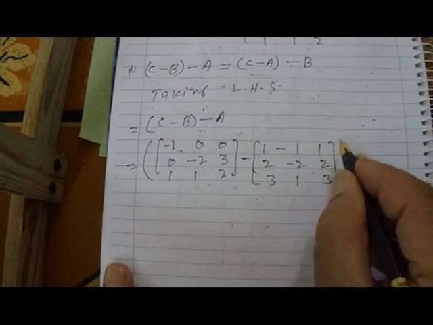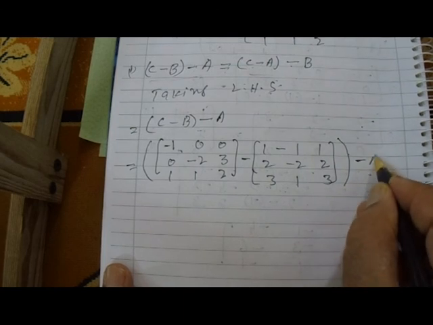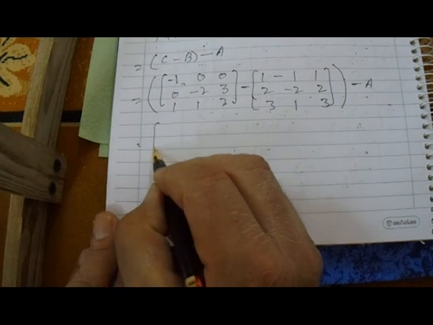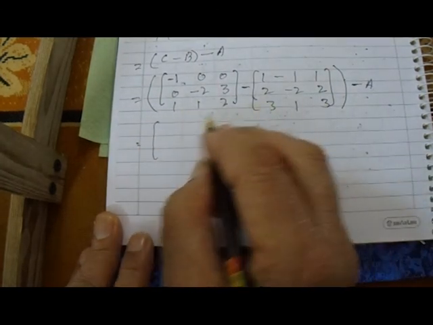Right here, we put round brackets and minus A. Now we solve this. We remove these round brackets because we are solving this.